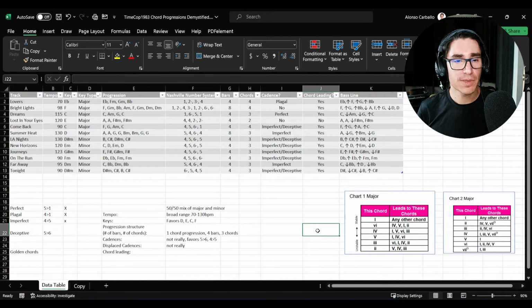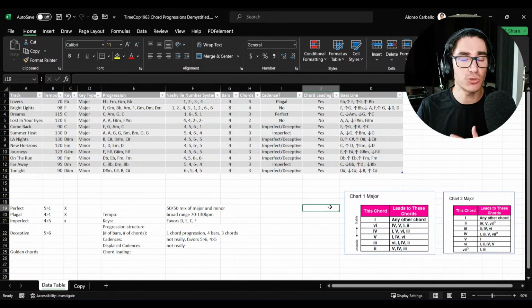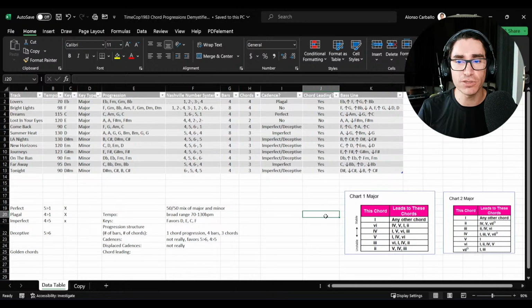If you use them in your productions, you can get great results or come to chord progressions that other people are using. So it's not only an academic tool or a theoretical exercise. Chord leading charts can help us make great music that other successful producers are already making. Cool. And again, I don't know if he uses these tools or not, but we could come to the same end result by using them.